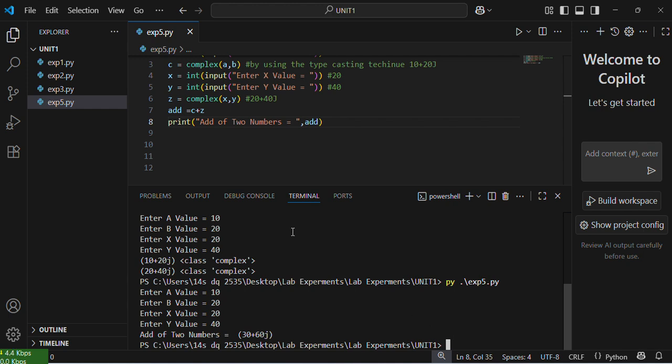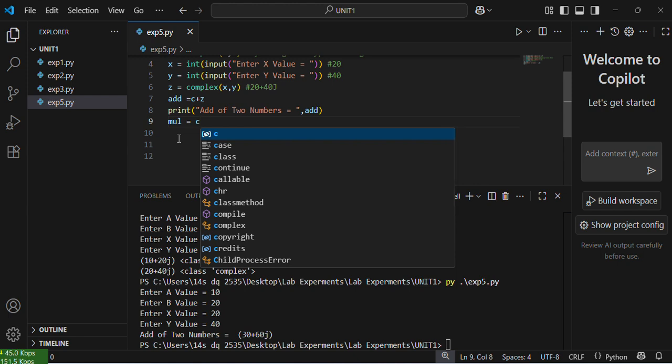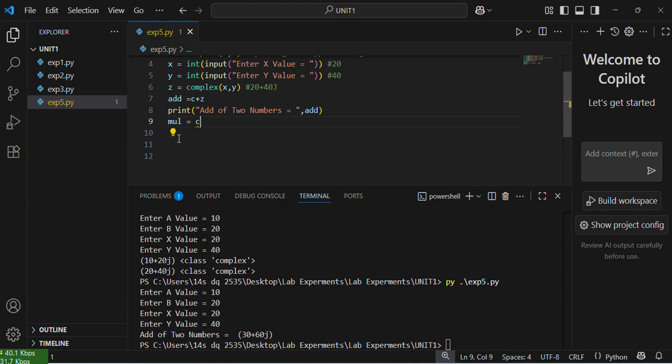In the same manner multiplication also: mul equals c star z.